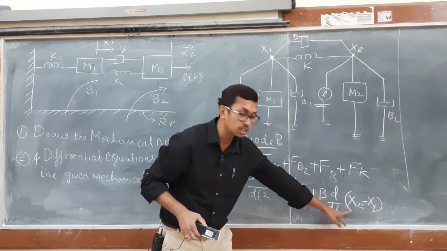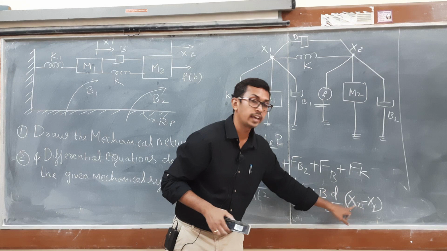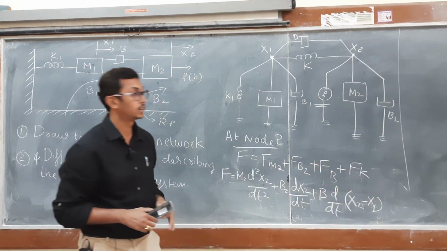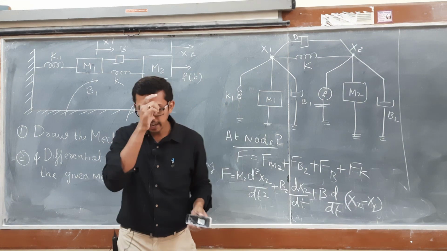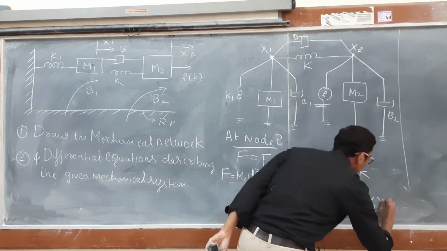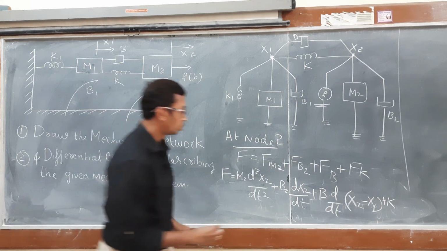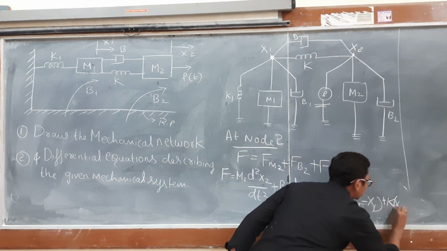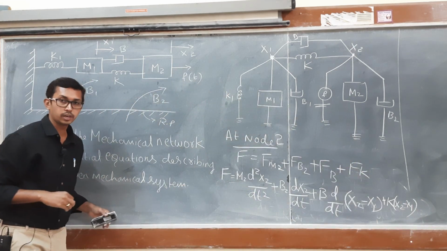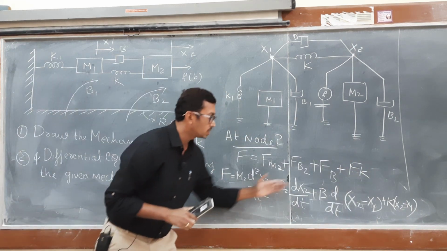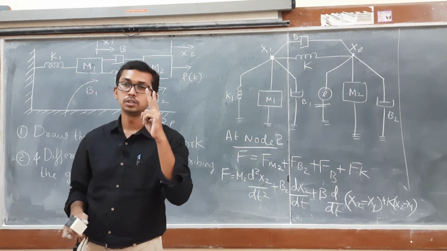What we are writing here is with reference to node 2, and this must be written as x2 minus x1. Next component we have F of k, which can be written as k into x2 minus x1. So this is the differential equation for node number 2.